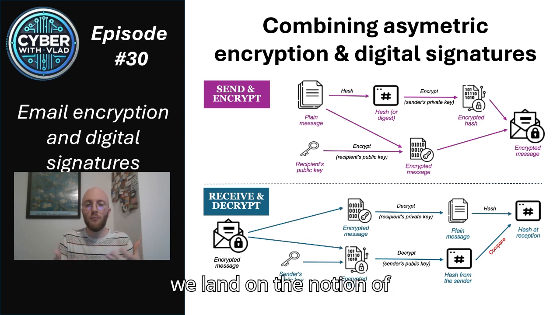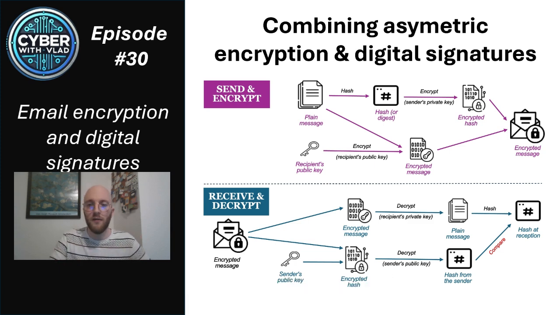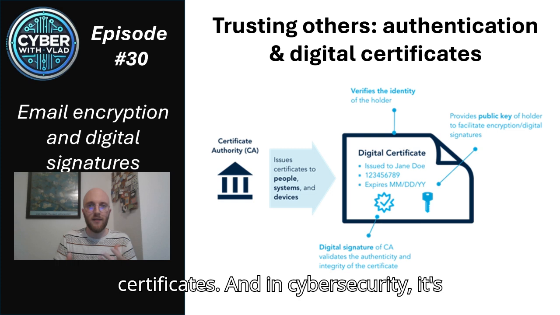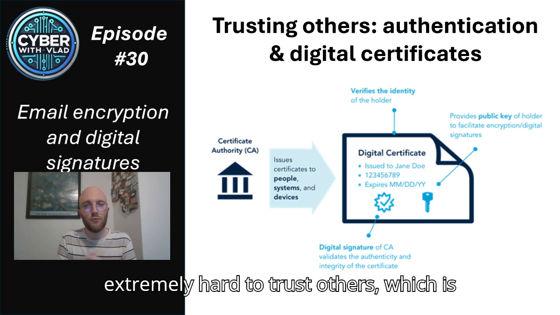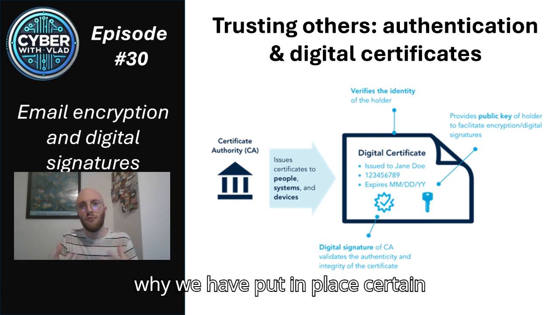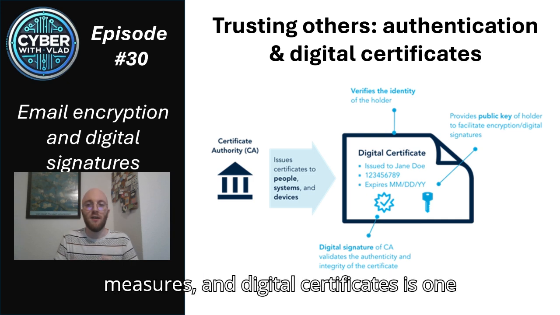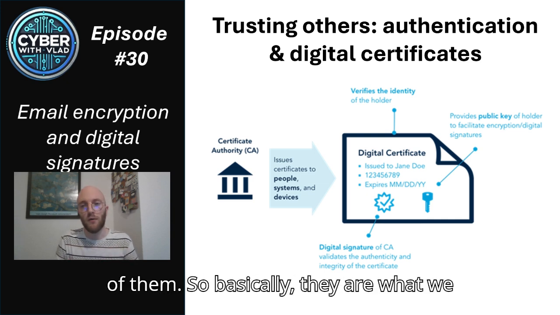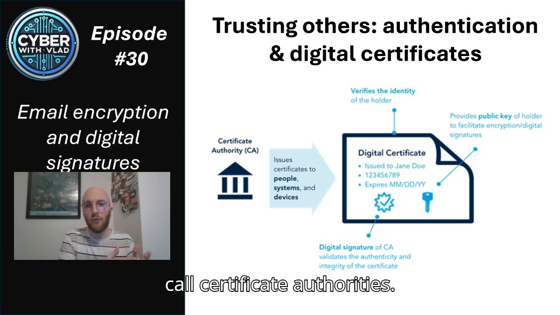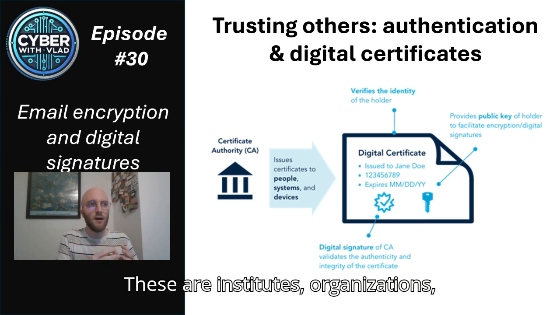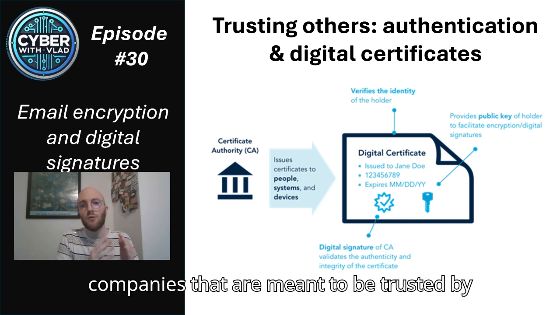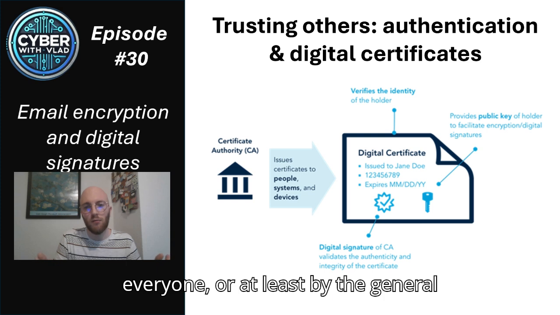Well, that's where we land on the notion of certificates. In cybersecurity, it's extremely hard to trust others, which is why we have put in place certain measures, and digital certificates are one of them. Basically, there are what we call certificate authorities. These are institutes, organizations, companies that are meant to be trusted by everyone, or at least by the general public.